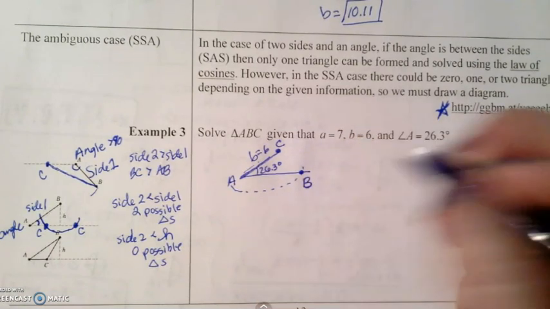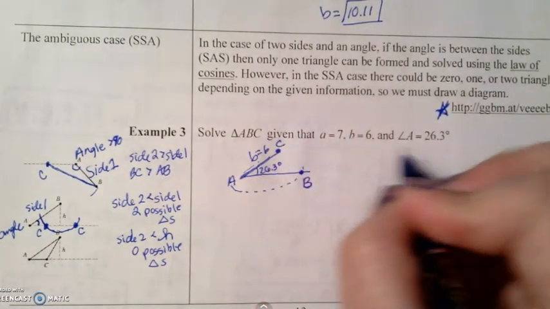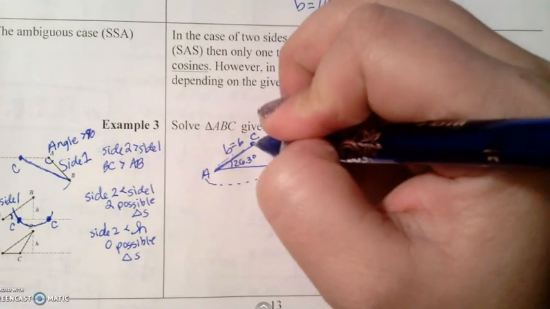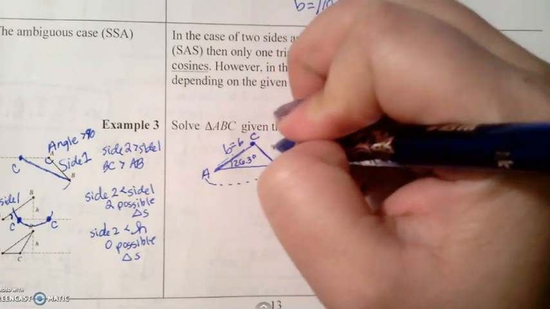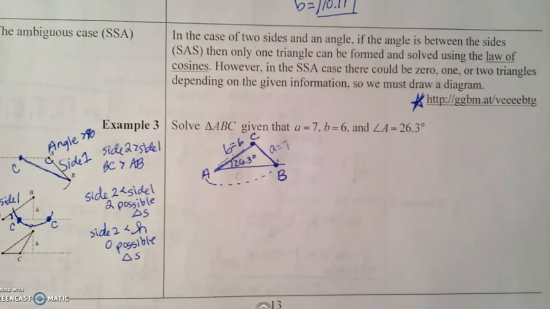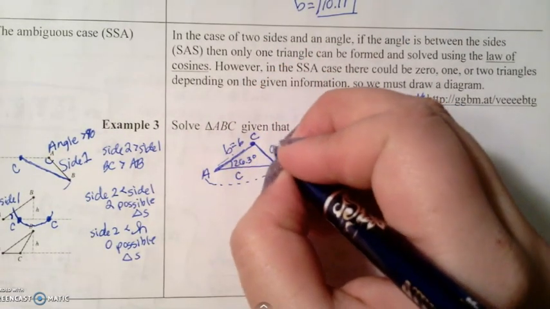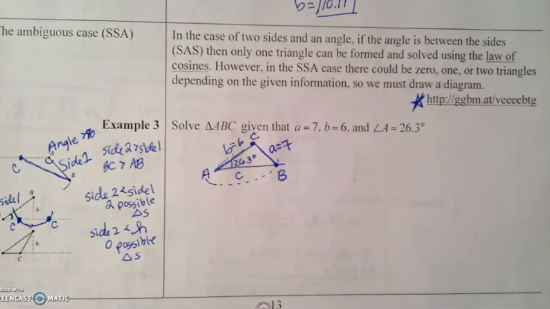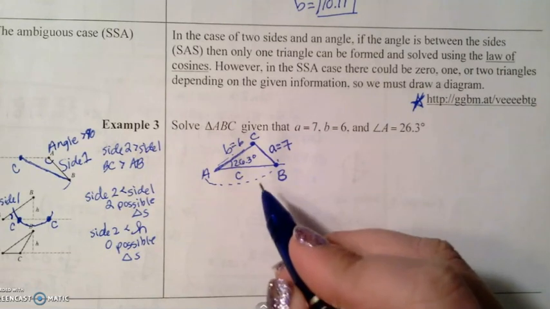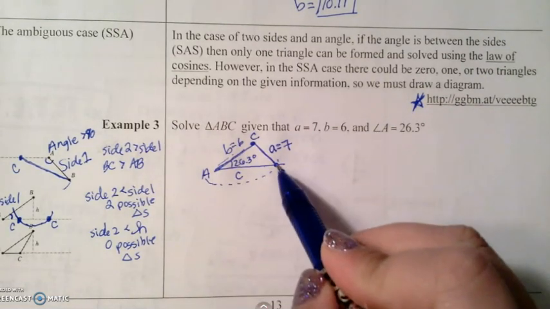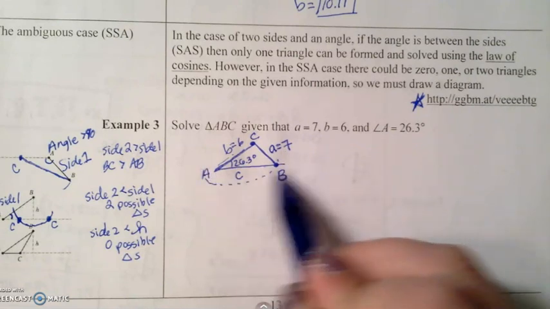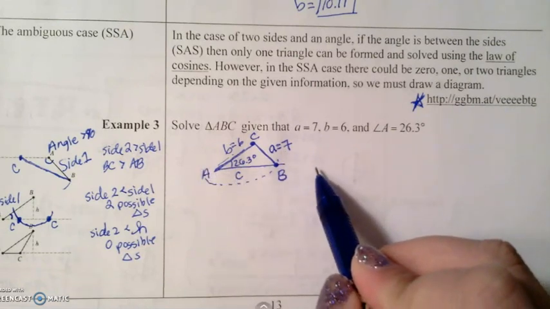And that is point B. And the distance between A and B is side C, and the distance between C and B is side A, which is 7. Okay, and we need to find side C, and we need to find these other two angles. So I know that a triangle is possible. I know that this is the only place point B could be because it doesn't intersect this kind of ray that we created from the angle anywhere else.